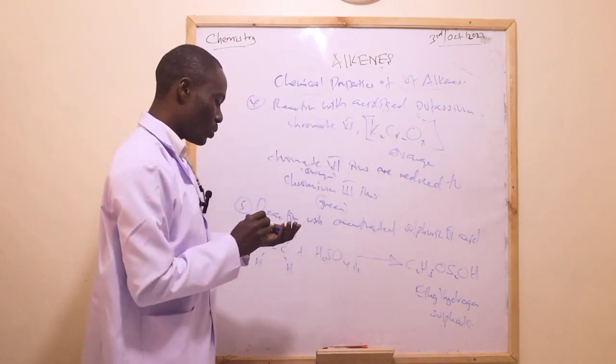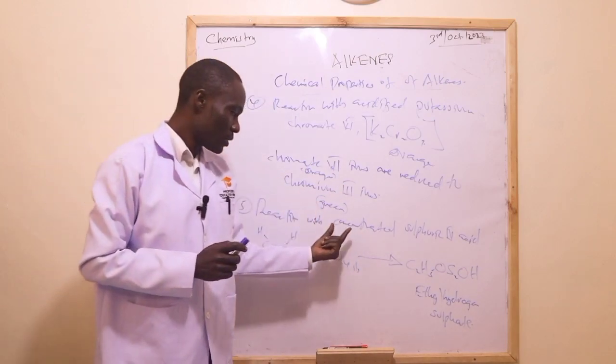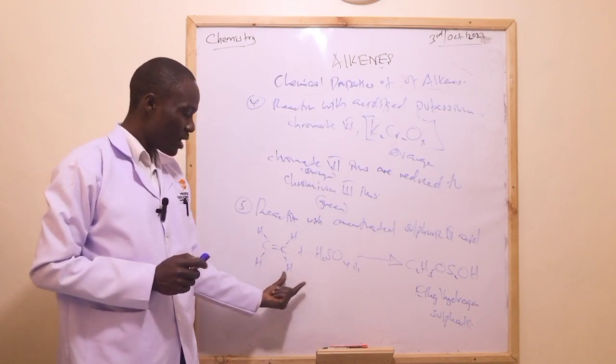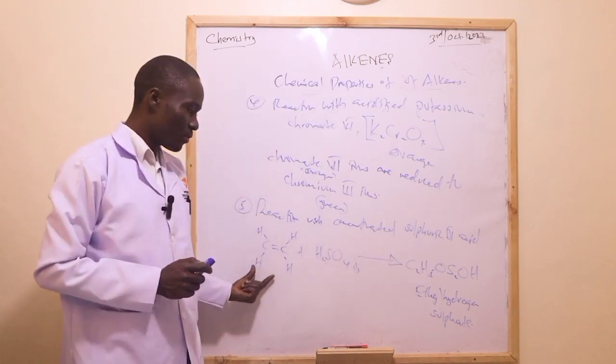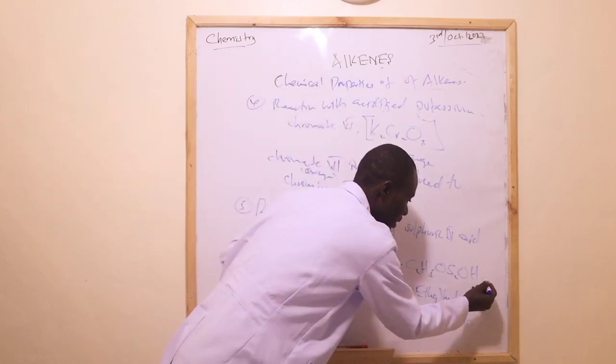Now, there are two reactions that will take place. The first one is this: you have the alkene member with the concentrated sulfuric acid to form ethyl hydrogen sulfate, written this way chemically, which is in liquid state.